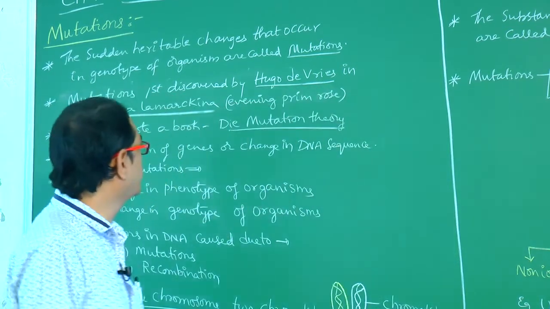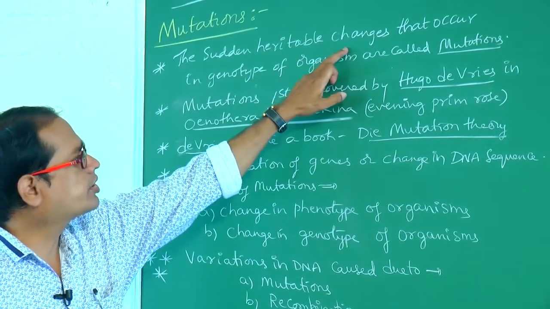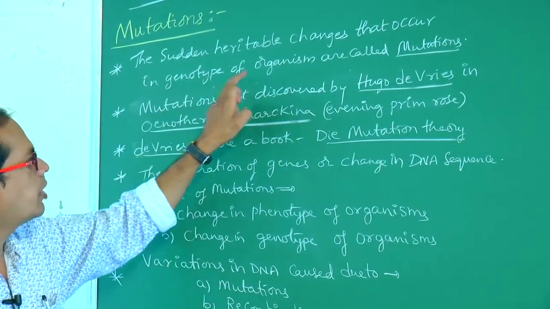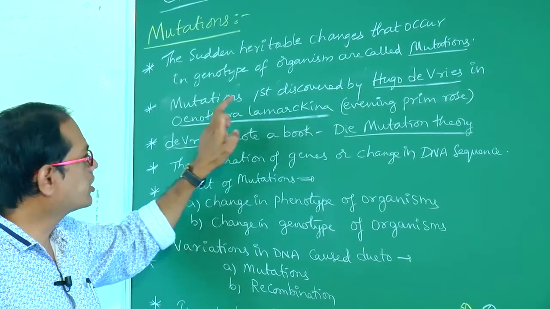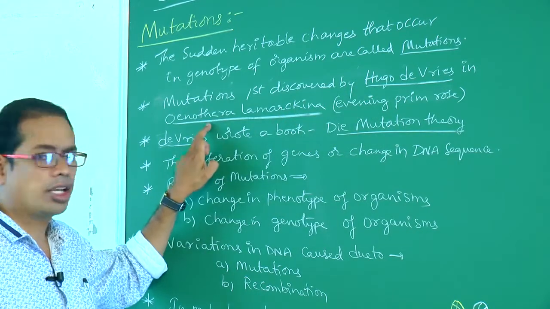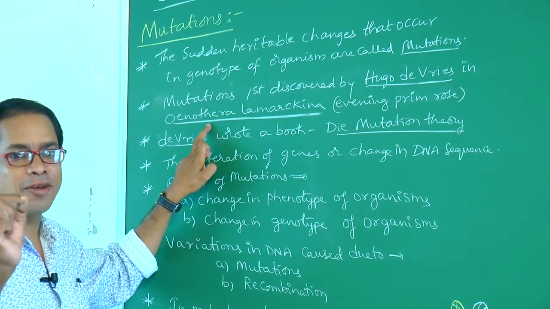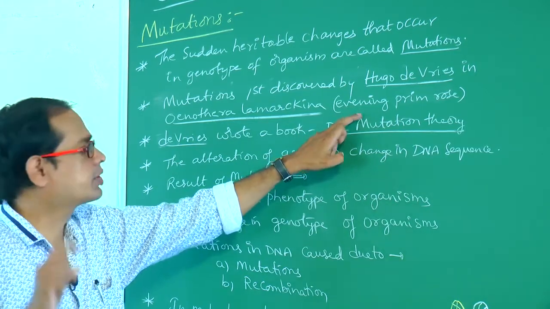Now look here, my dear students. The sudden heritable changes that occur in the genotype of an organism are called mutations. Mutations were first discovered by Hugo de Vries in Oenothera lamarckiana, commonly called evening primrose.